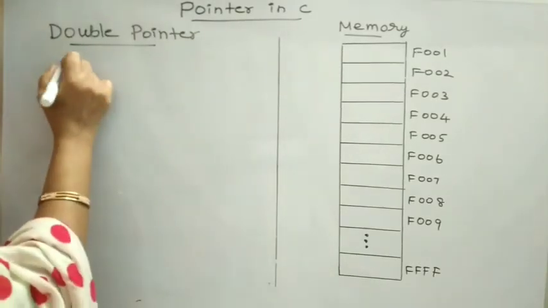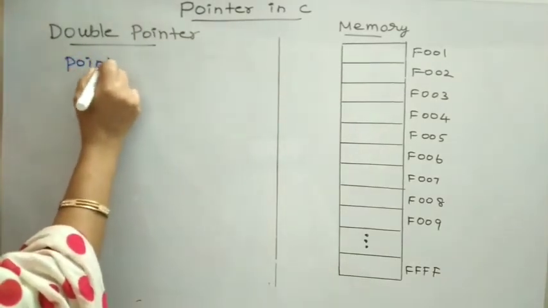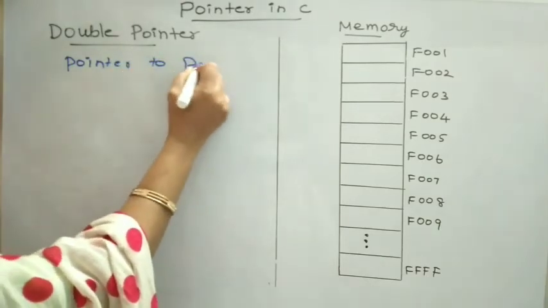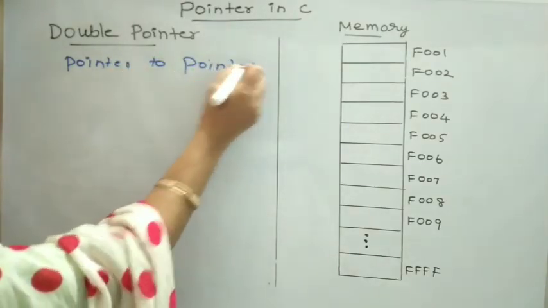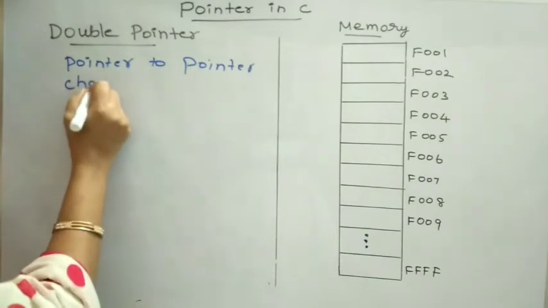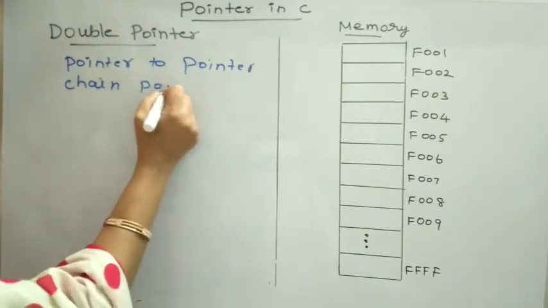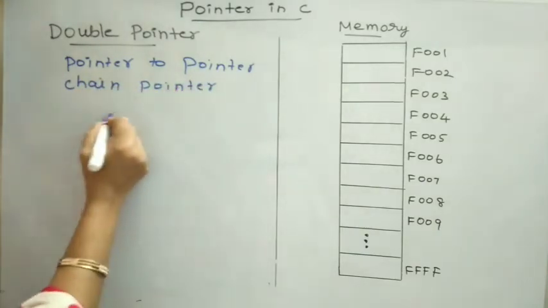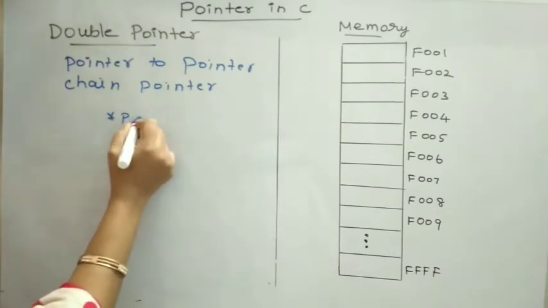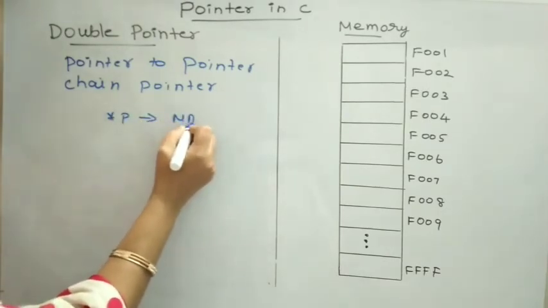Double pointer is pointer to pointer, or we may call this a chain pointer. Basically, what your pointer variable contains is a memory address.